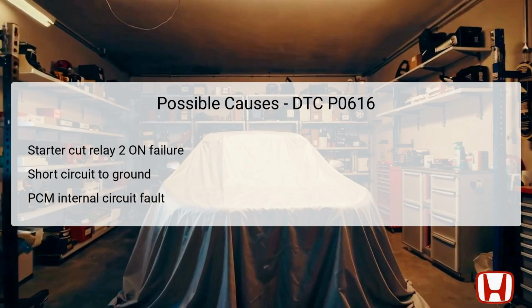Another potential cause may be a short circuit to ground within the starter cut relay 2 circuit, which can lead to low voltage levels being sent back to the PCM. Lastly, there could be an internal failure within the PCM itself, causing it to incorrectly register the status of the cut relay circuits. Each of these causes must be investigated during the troubleshooting process to ascertain the true source of the problem.